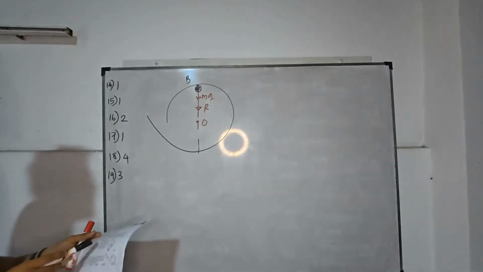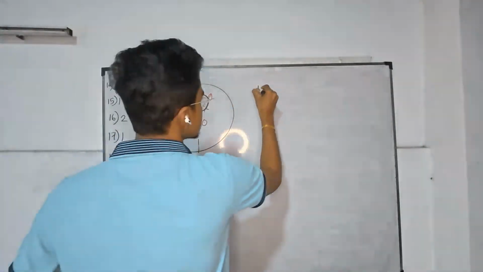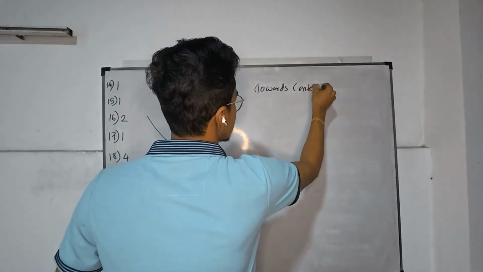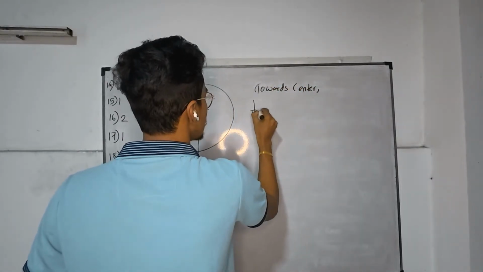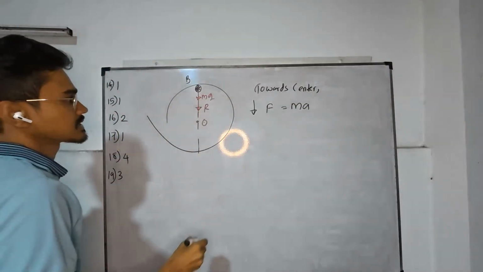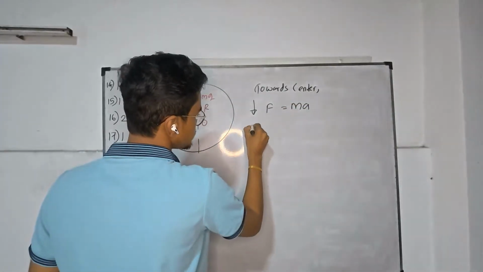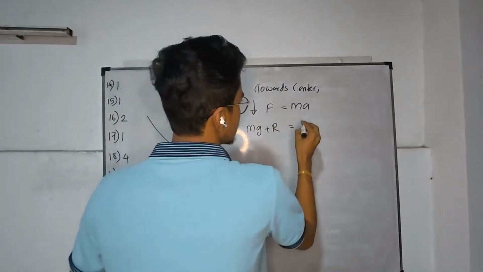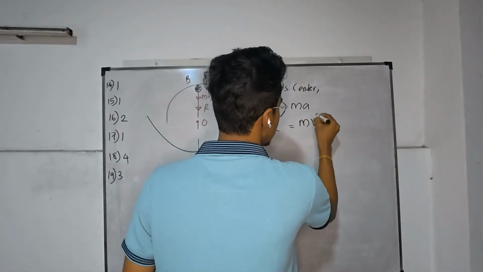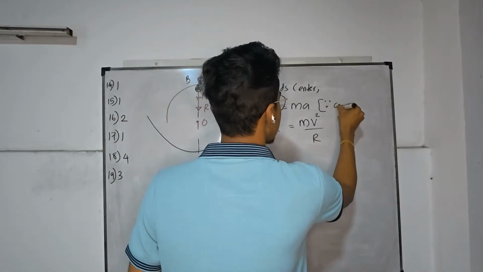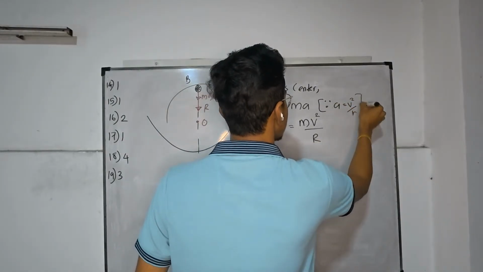Now use F equals ma towards center, downwards. Forces are mg plus R. mg plus R equals mv squared over r, because we know that a can be expanded as v squared over r.